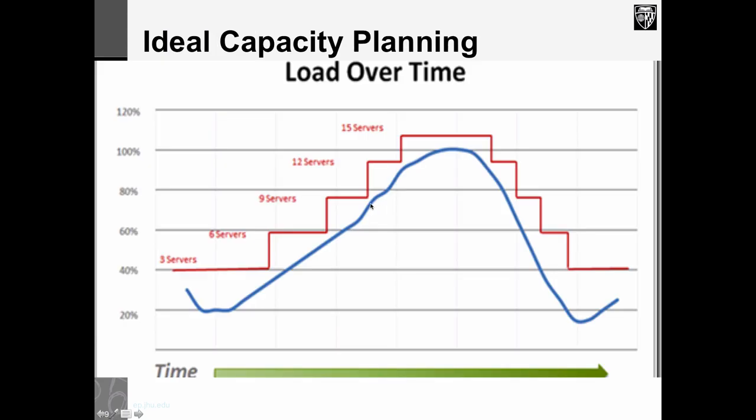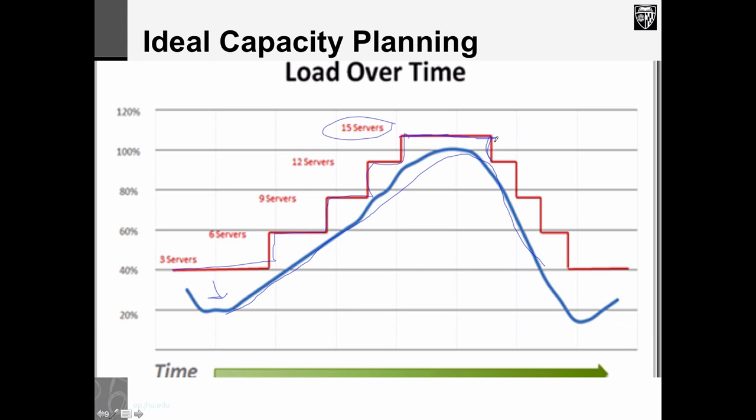So this is our ideal usage scenario. Let's say this is 9 a.m. in the morning, and our usage peaks and then falls off at the end of the day. We want to keep adding servers as our number of users keeps going up, and it peaks, let's say, between 3 and 5 p.m. That's when we are running with 15 servers. As the traffic starts winding down, we are reducing the number of servers.